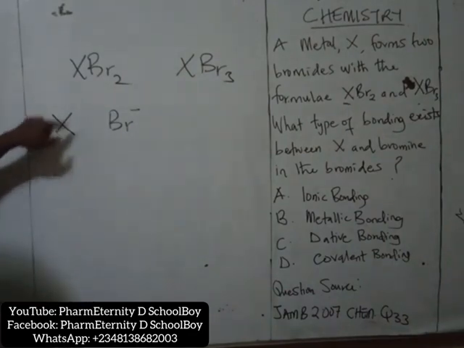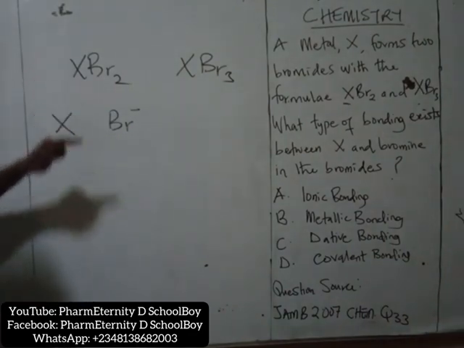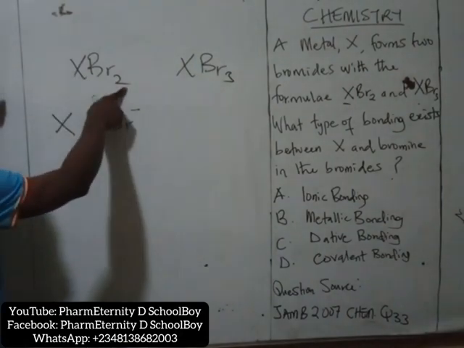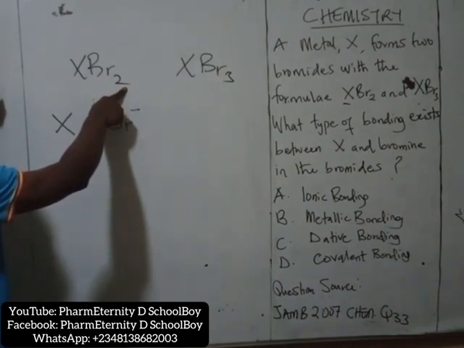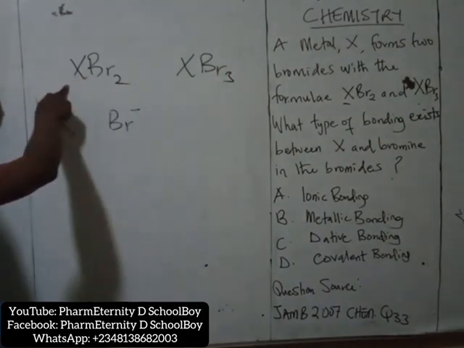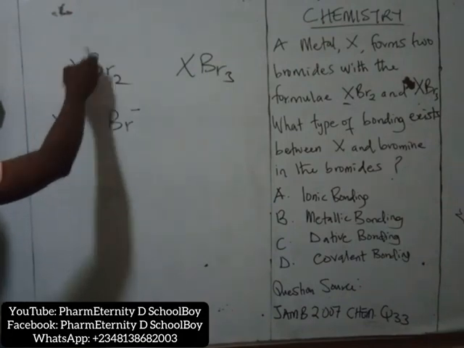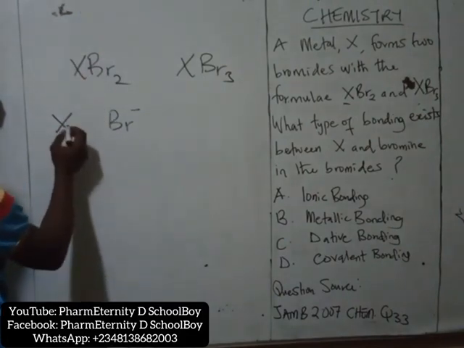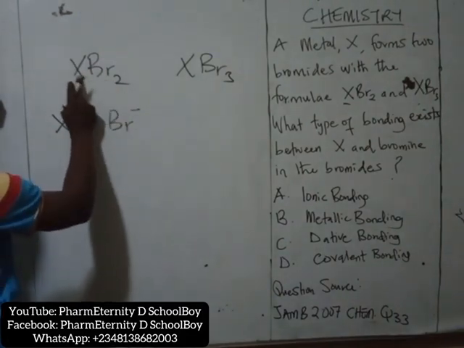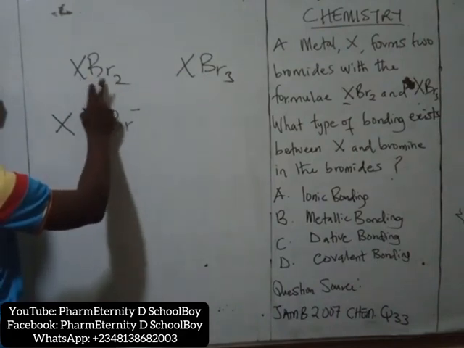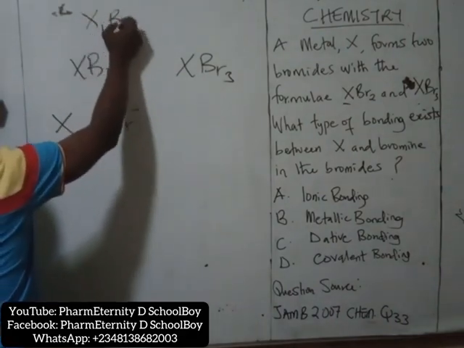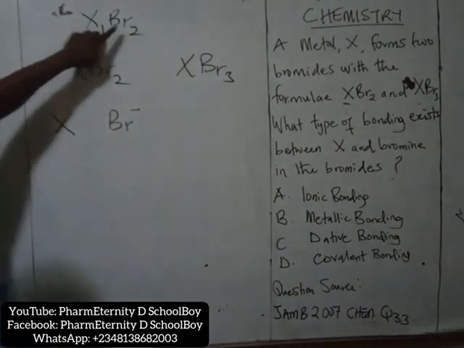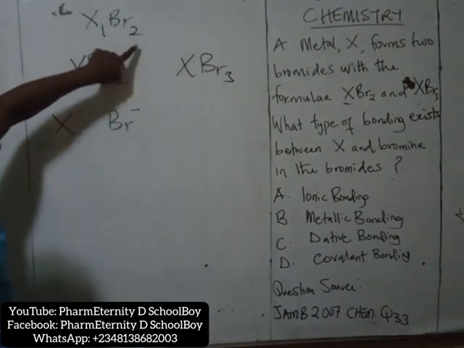We can only know by looking at what is called transfer of valency. For this compound to be formed, X has to transfer its valency to bromine, while bromine transfers its own to X. After the transfer, we have something like this. This one bears the valence of that one, and that one bears the valence of this one.